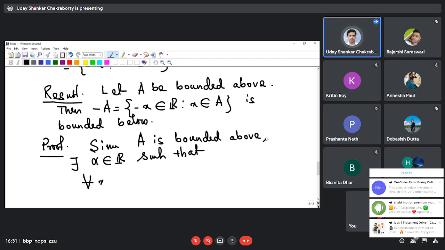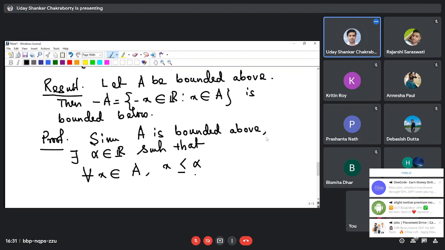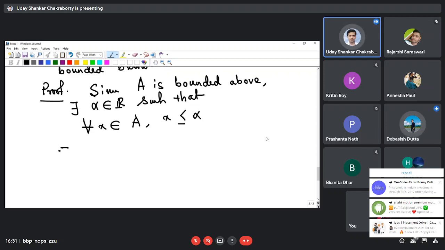For every x in A, x must be less than or equal to alpha. This is correct. This implies for every x in A, minus x will be less than or equal to minus alpha.